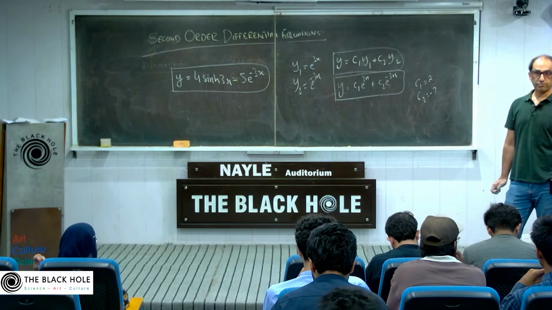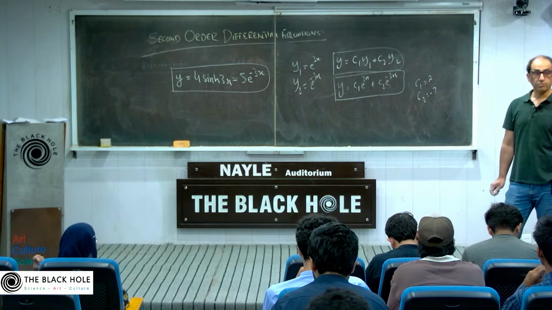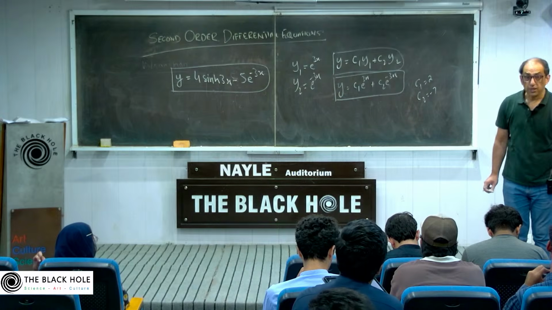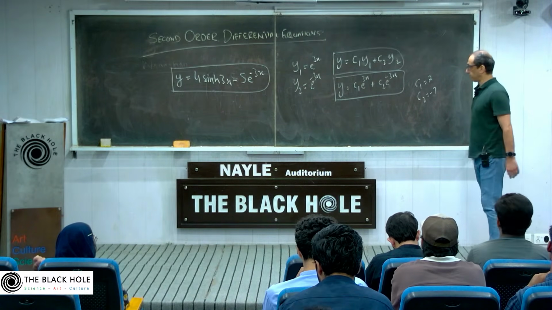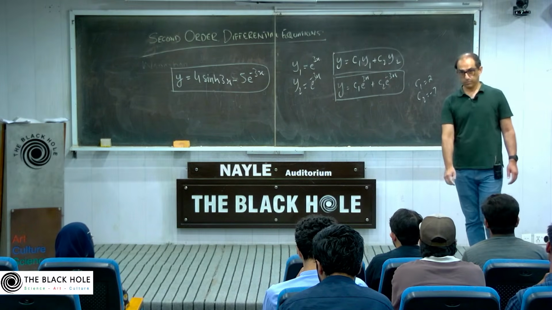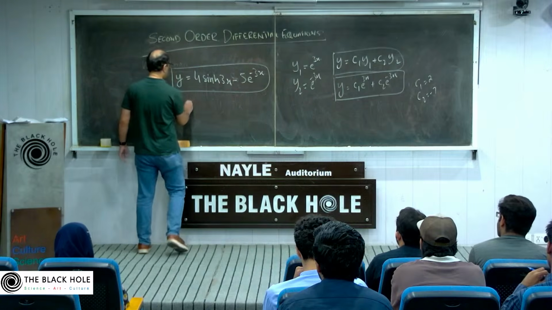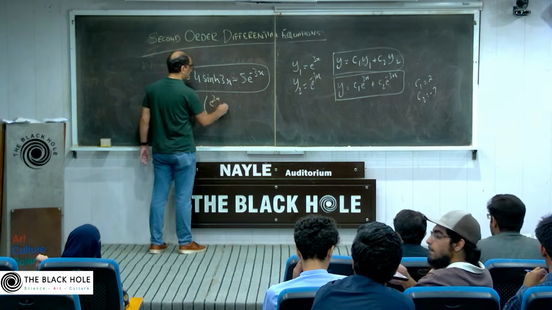If you have any problem here, then just write it down like this. It is written C1 is 2 and C2 is minus 7. This is basically e raised to power 3x.